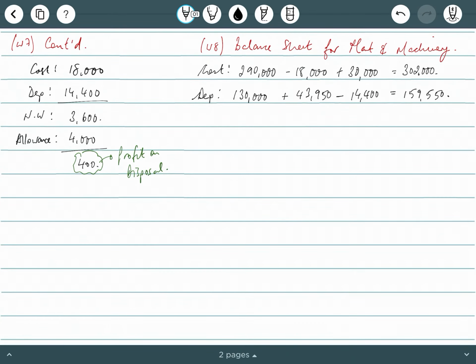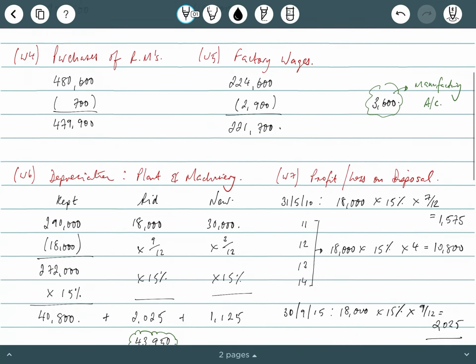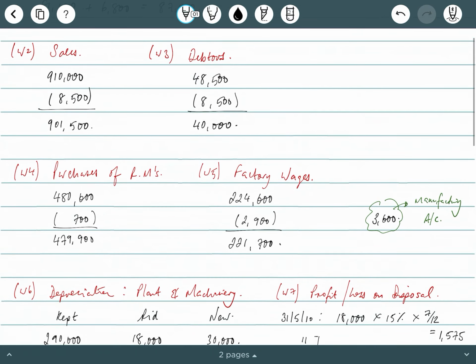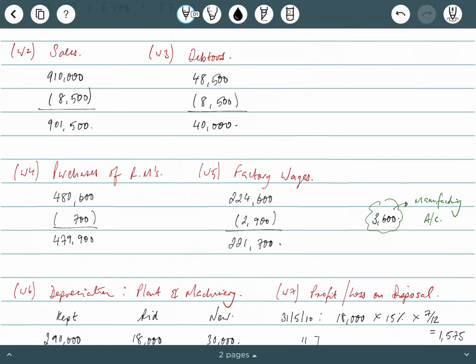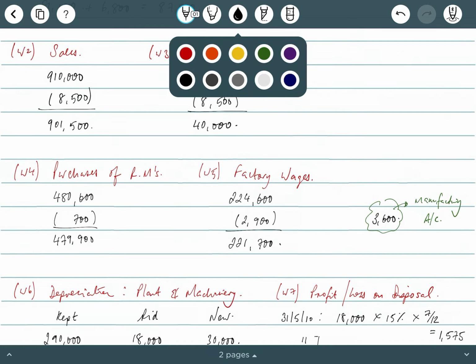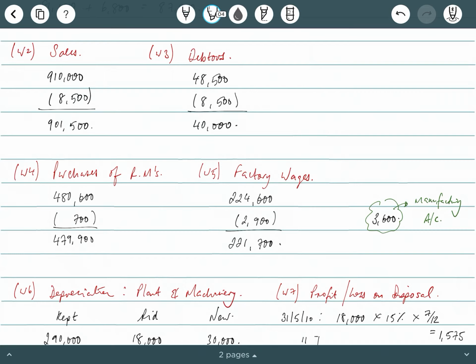Now, does it say, yes, the net amount of this transaction was entered in the bank but was incorrectly treated as purchases of raw material. Now, we already have purchases of raw materials worked out, there it is, 479,000.